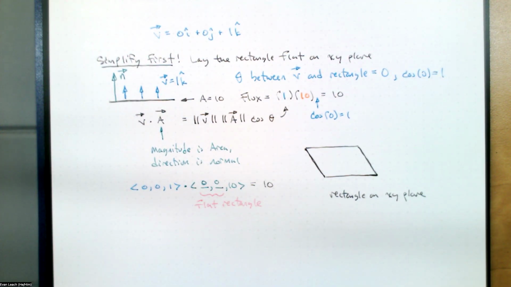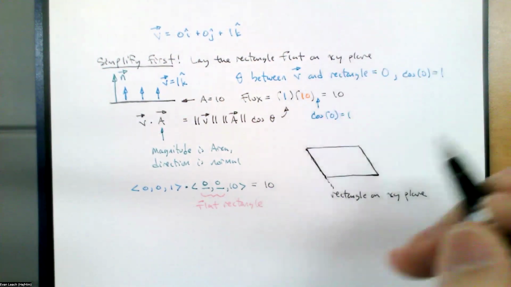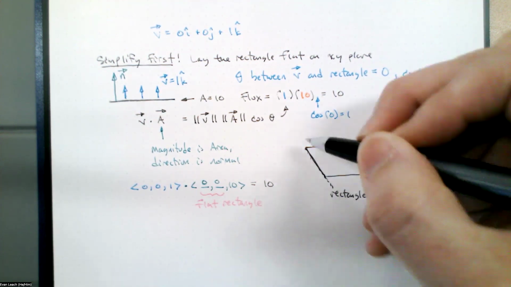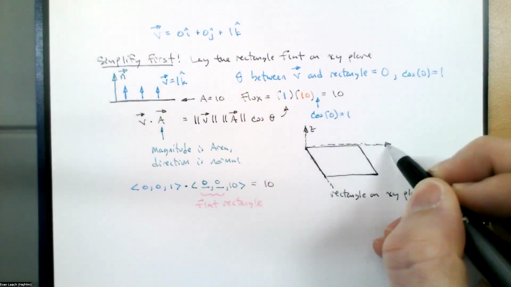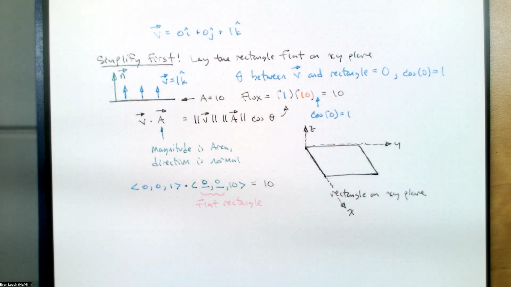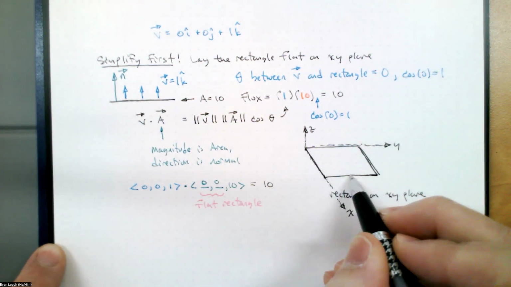Now, this is flattened out on the XY plane. So let's put the origin at that top part there, the y over here, and z is going up this way. We know that the area of this rectangle is 10.